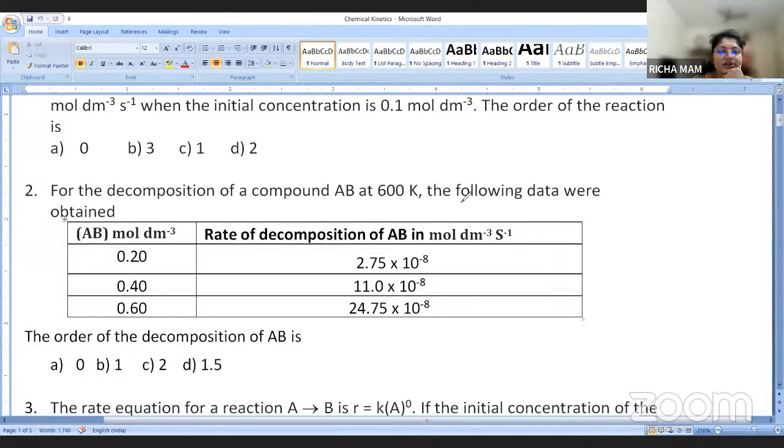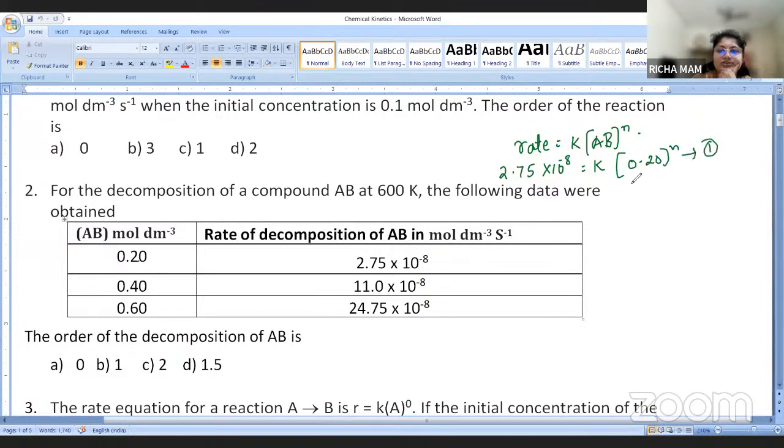Again here we have three rate equations. Just now we saw that the rate is given as k into concentration of AB raised to n. So let us write the rate for all three. 2.75 into 10 raised to minus 8 is equal to k into 0.20 raised to n.